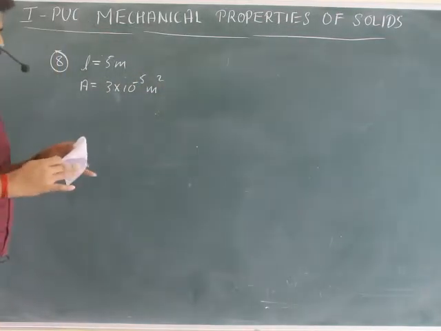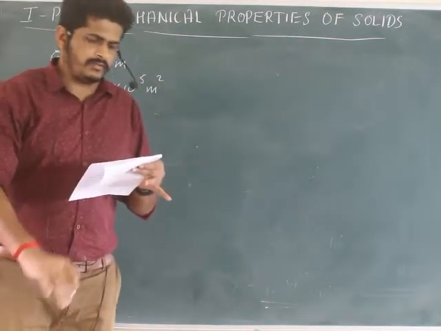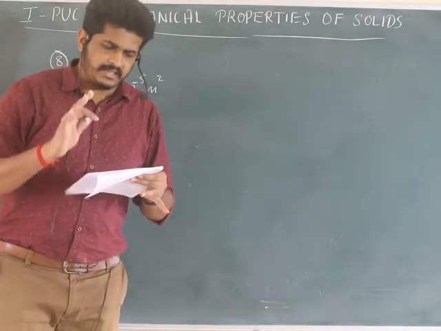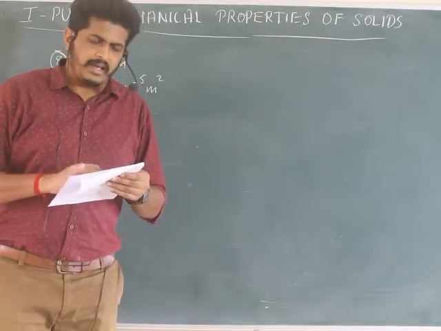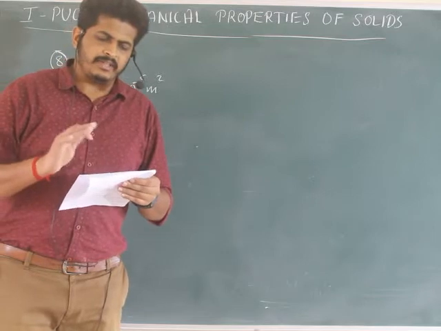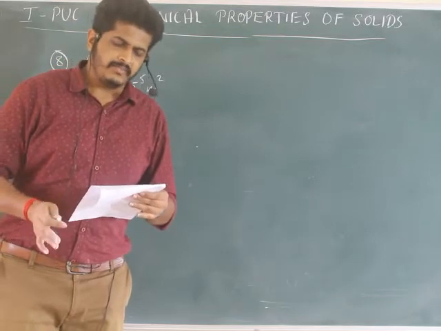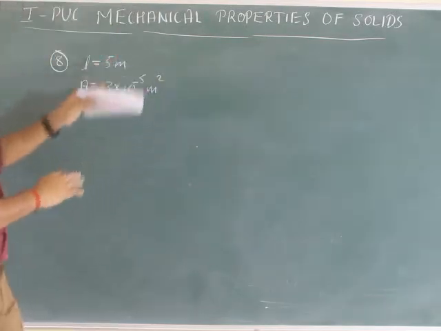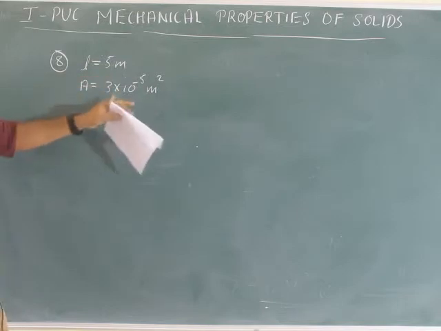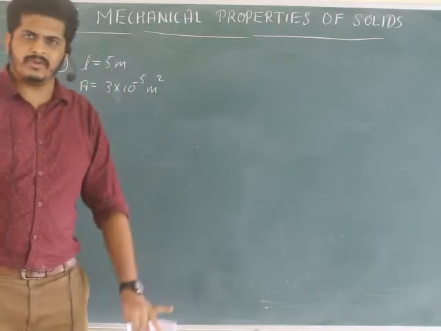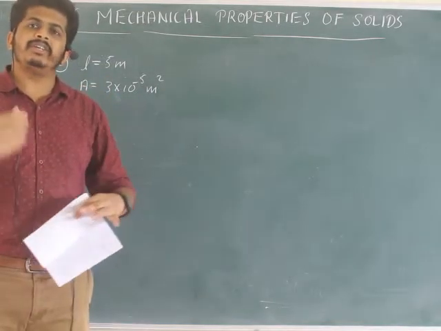Is stretched by the same amount as copper of length 3.7 meter, cross-section area. That means a steel wire of this much length and this much area is stretched by one particular force. The same force is actually stretching which one?